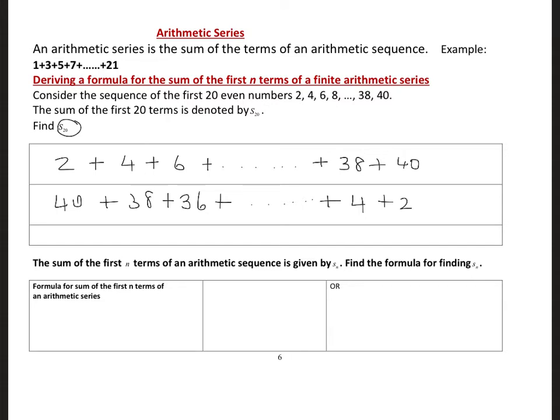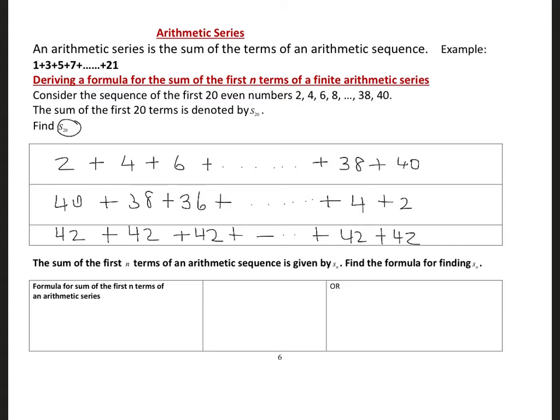When I add each pair, this becomes 42, 42, 42, and then 42 plus 42. See, I'm getting 42 every time.